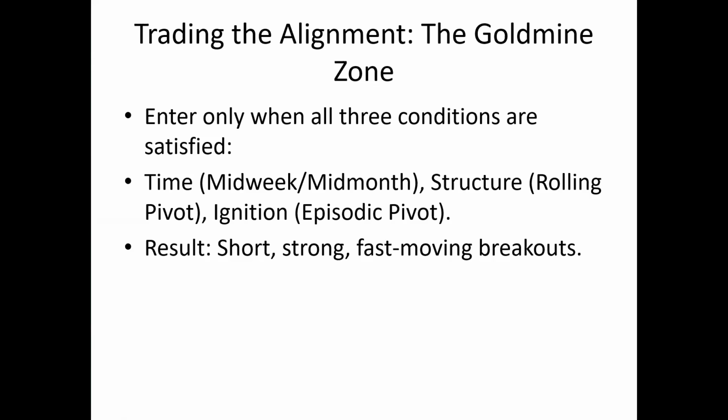All the three should be there. Result will be very short, strong, fast moving breakouts. So you will be in the trade in a strong momentum trade, and you will be out of the trade with the profit. You are entering into the gold mine zone, and you are entering into the momentum.